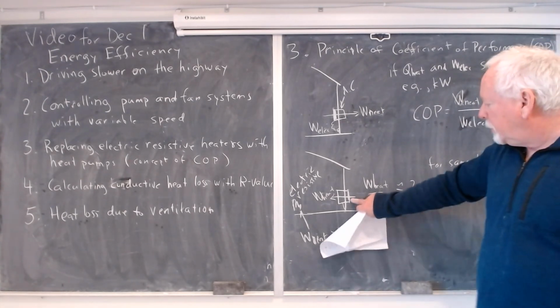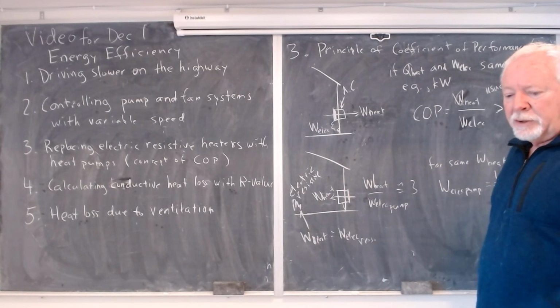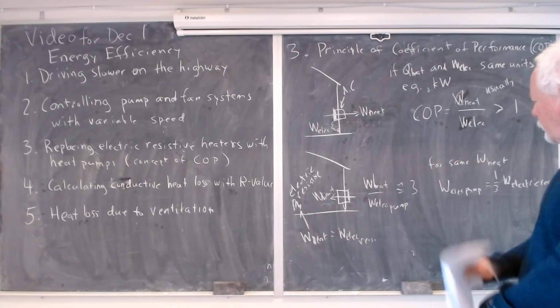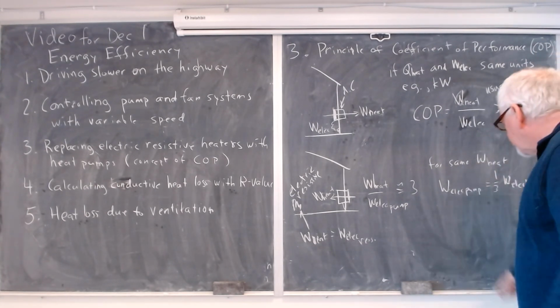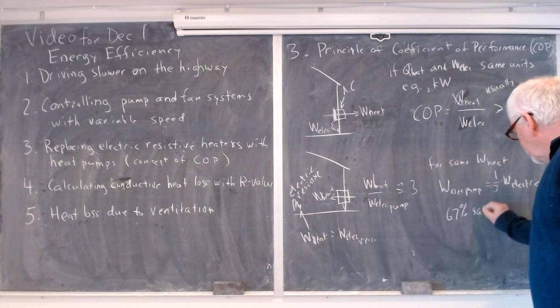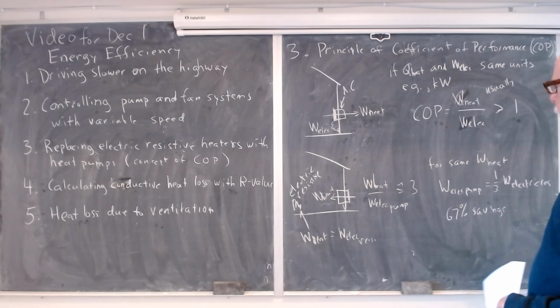If instead you buy a unit designed for the purpose, called a ductless heat pump, you'll save 67%, about 2/3 savings. Okay, so that's what I was going to go through there.